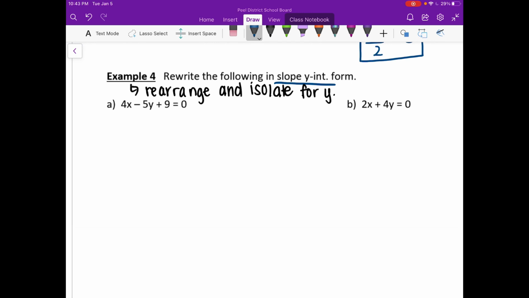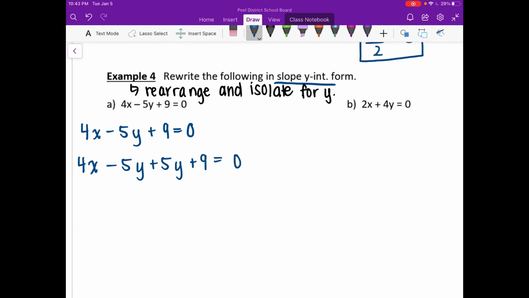So we have 4x minus 5y plus 9 equals 0, right? So let's just rearrange and figure out how to get y by itself. I'm going to move the y over to the other side. So if I have negative 5y, I'm going to add 5y, plus 9 equals 0 plus 5y. I'm just going to leave that over there.